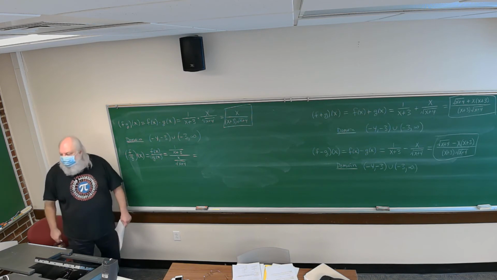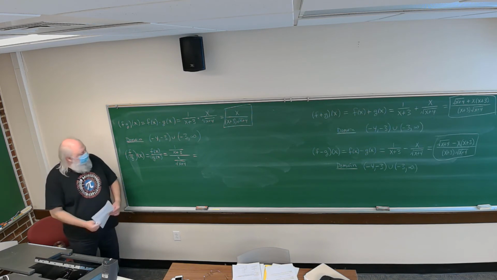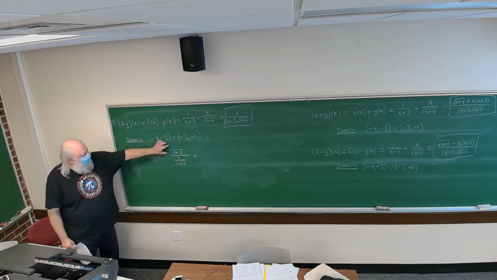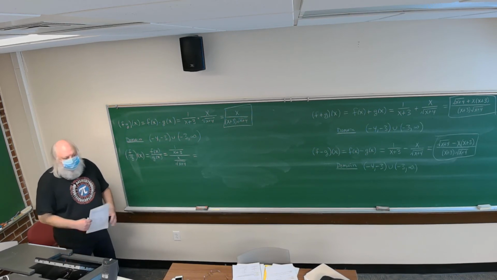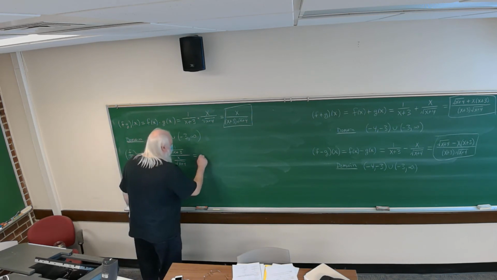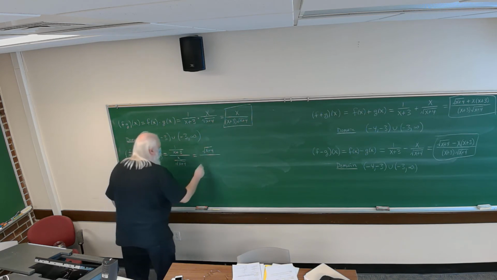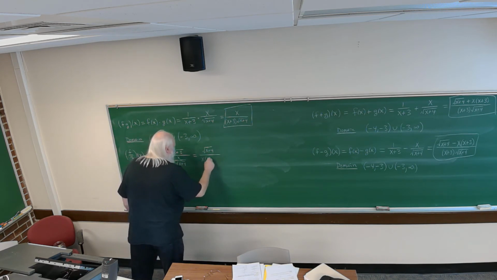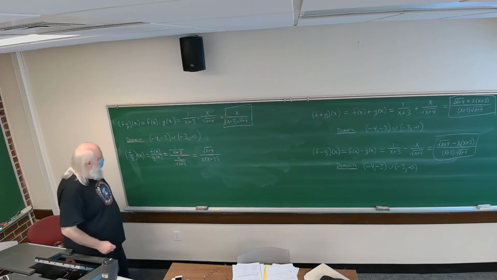Now you got to do the keep-switch-flip thing, right? This is a complex fraction. This numerator divided by this denominator. When you do that, you end up with the square root of x plus 4 in the numerator over x times x plus 3 in the denominator. Okay.